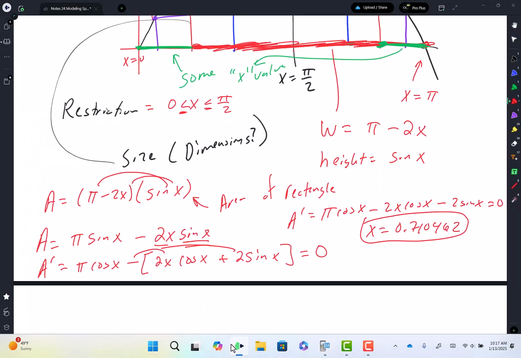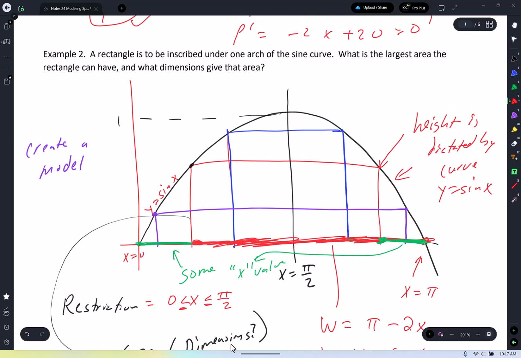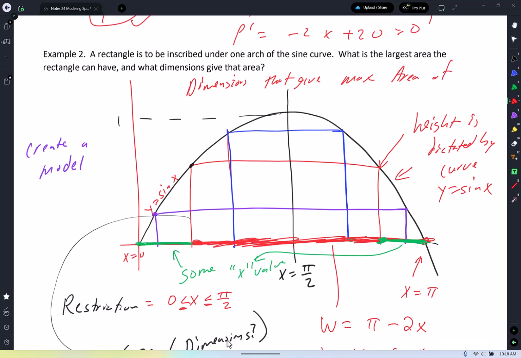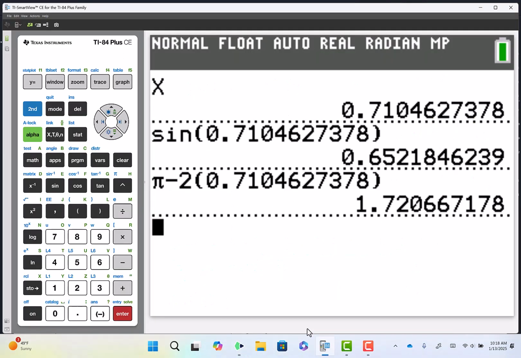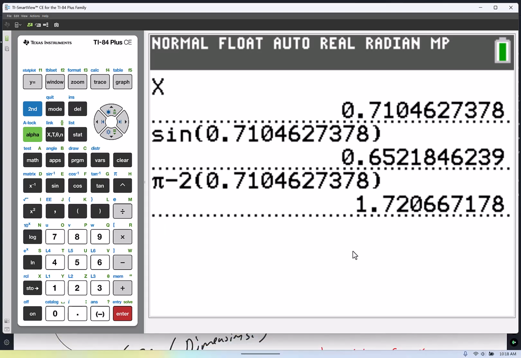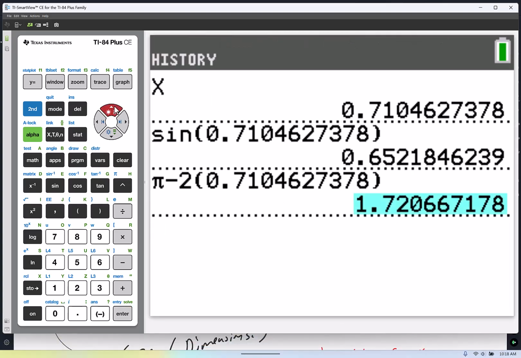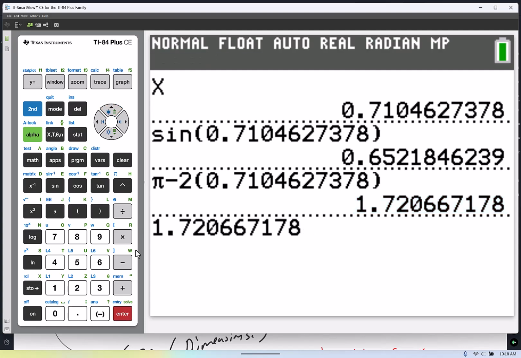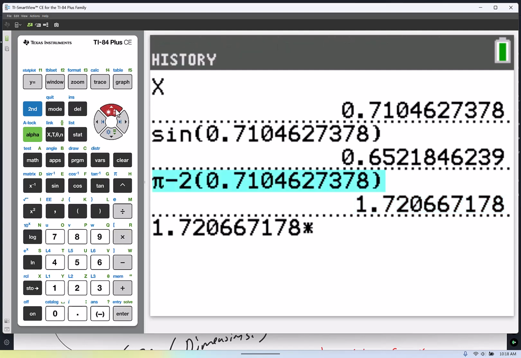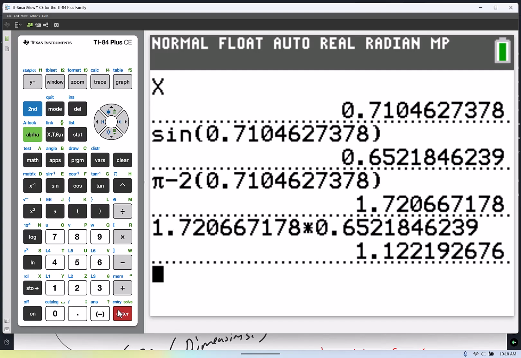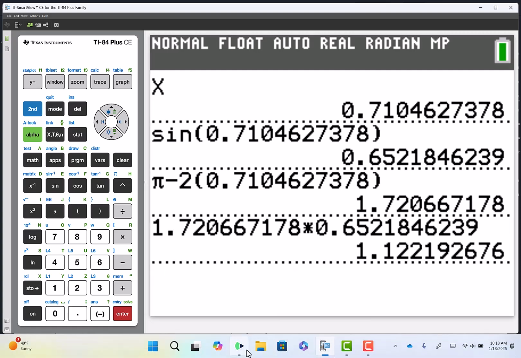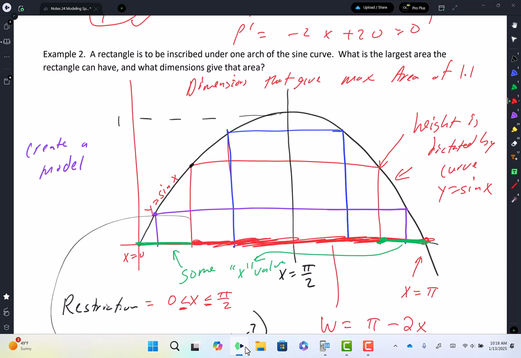Okay, so I'm going to put, what do I have right here? Dimensions that give max area of, what was my max area? That times that. All I'm doing is length times width. 1.1221.